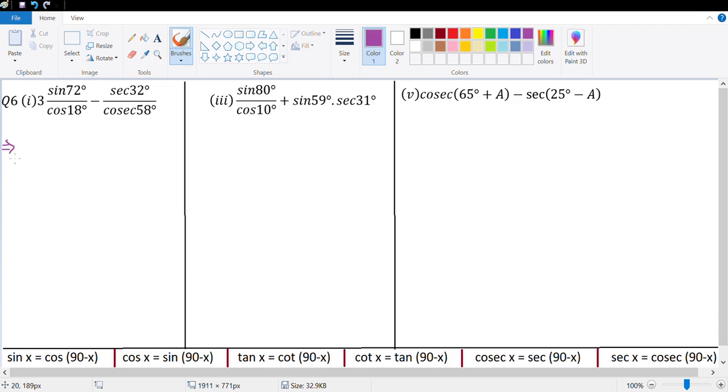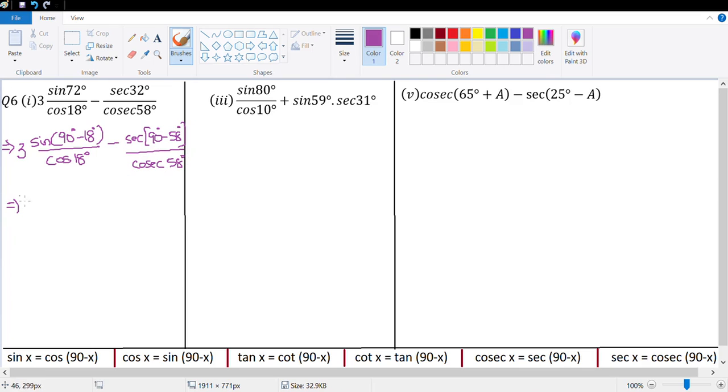So this becomes 3 times sine, instead of 72, I write it as 90 degree minus 18 degree, and the denominator remains cos 18 degree. In this case, instead of 32 degree, let me write 90 minus 58, because 32 degree is nothing but 90 minus 58. The denominator remains cosec 58 degree.